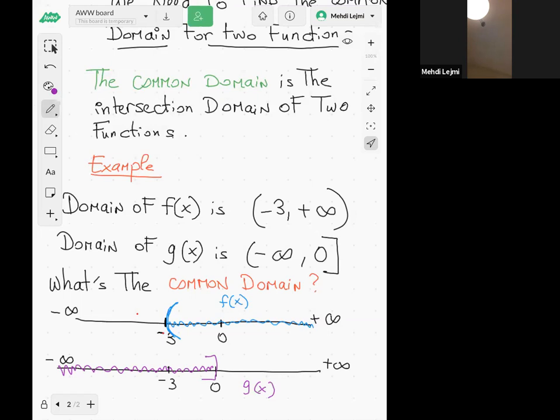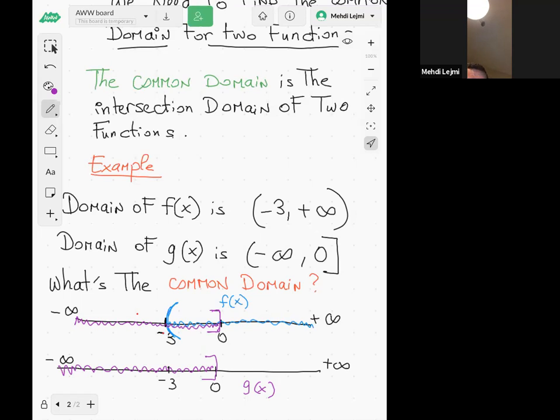So now what's the intersection? The common domain, as I said, is just the intersection of the two domains. The domain of g is this one, right? So I'm going to draw the domain of g here on the same number line as f. And the intersection is the interval which is colored by blue and purple at the same time. That will be the intersection of the two domains.